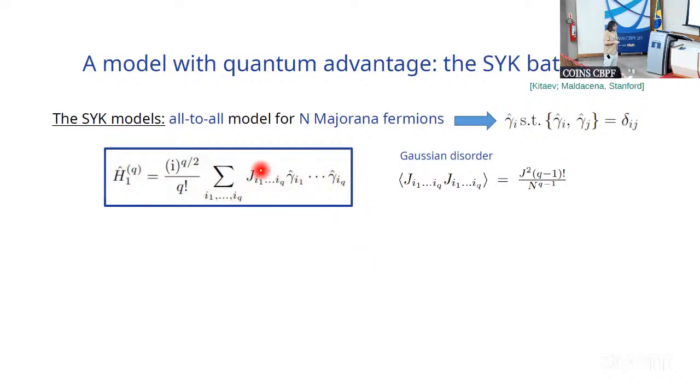And they are all coupled together via a Gaussian disorder. By Gaussian disorder, it means that these are simply Gaussian variables extracted from a Gaussian distribution having a variance that scales inversely with n with a power of this kind. The reason being that otherwise the model is not well defined in the thermodynamic limit.